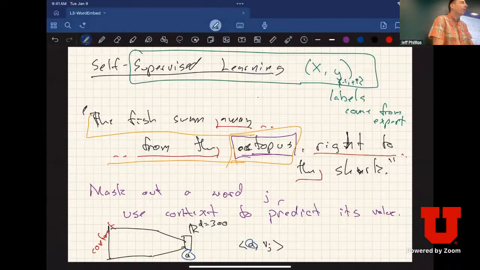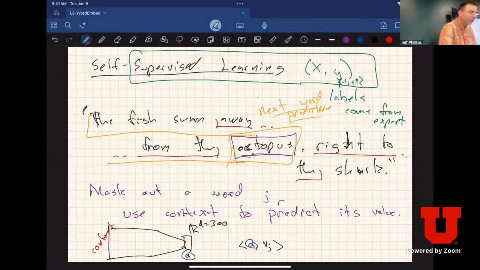A lot of this started out where the context was on both sides, and then said, well, we can kind of get this to work if I only use the context on just one side, right? So I've got a sequence of text here, and what I want to do is next word prediction.